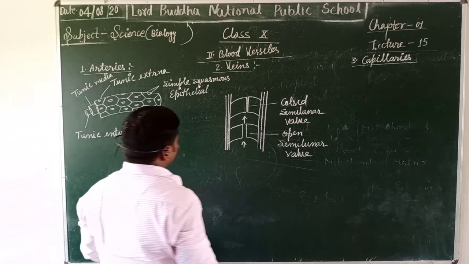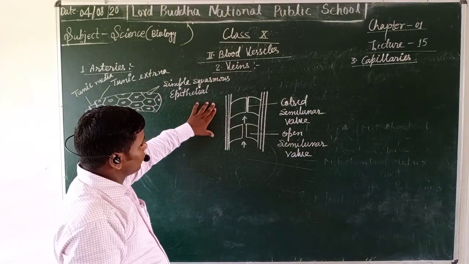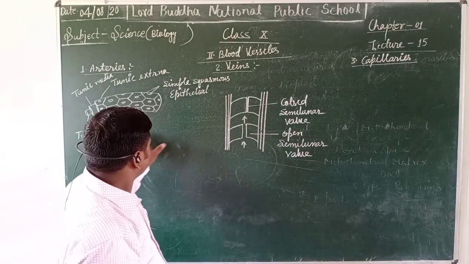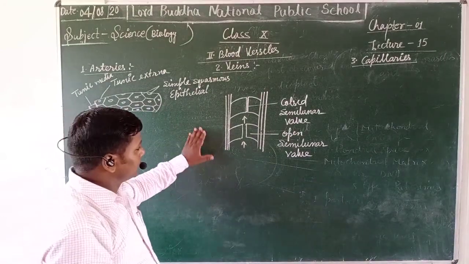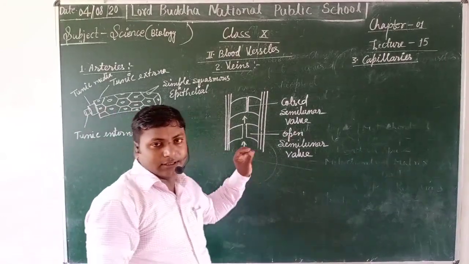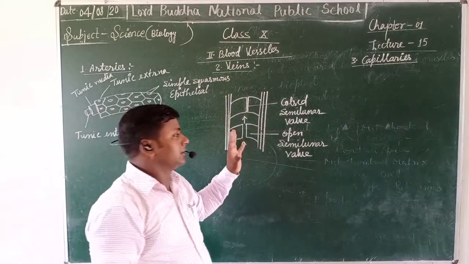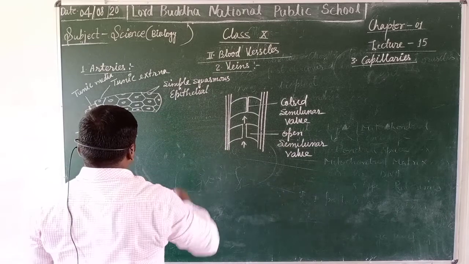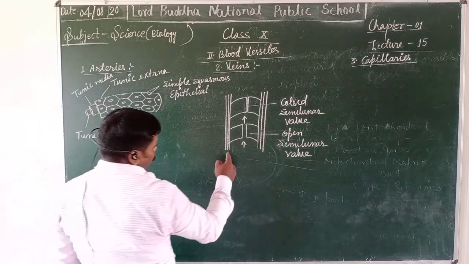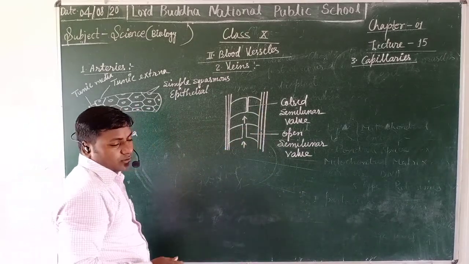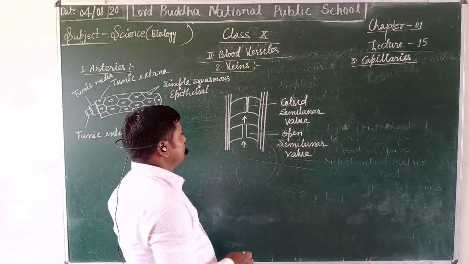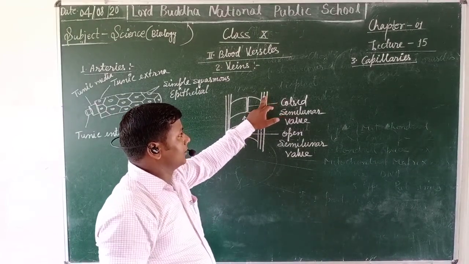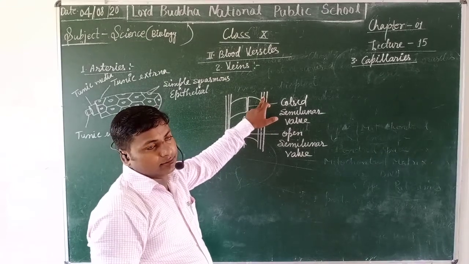Students, if we talk about the structure of an artery and a vein, there is no difference in their origin and basic structure. Just like the artery, the veins also consist of three layers: the tunica externa, tunica media, and tunica interna.